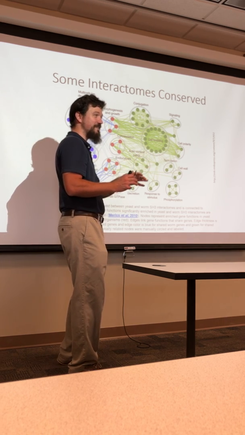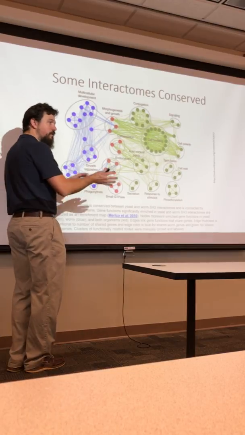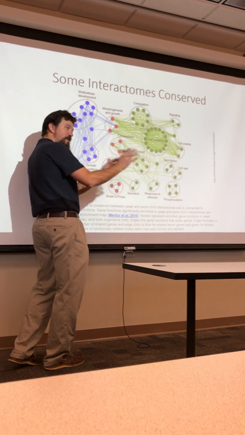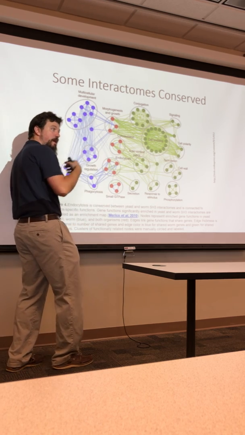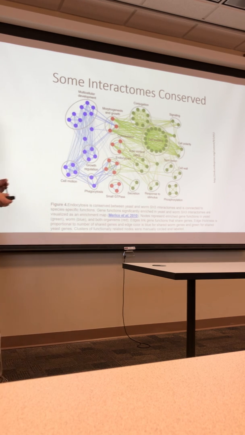Does that make sense? So this is why this is important. If we understand these networks and similarities between different organisms, you could use model systems and make connections between us and those for things like treatments or progressions of diseases, things of that nature.